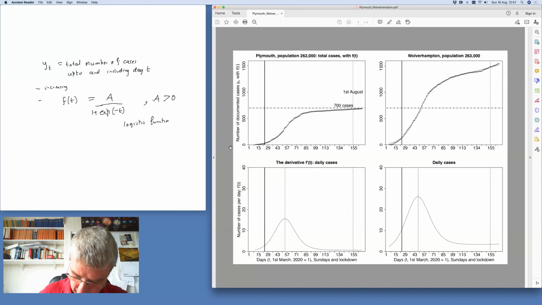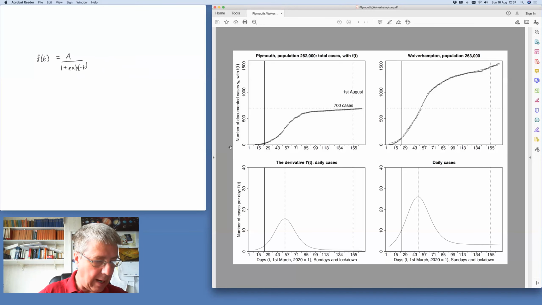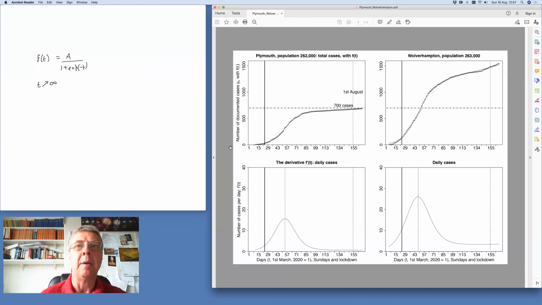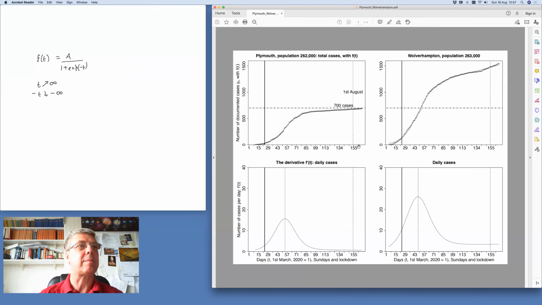So let's first of all go to another page so we've got space to work with. Let's write down our function again. And let's see what happens as t tends upwards to infinity. Well, obviously, when t tends upwards to infinity, we're going along the horizontal x-axis here. T is getting bigger. So as t tends up to infinity, then it's pretty clear that minus t is going to tend down to minus infinity.